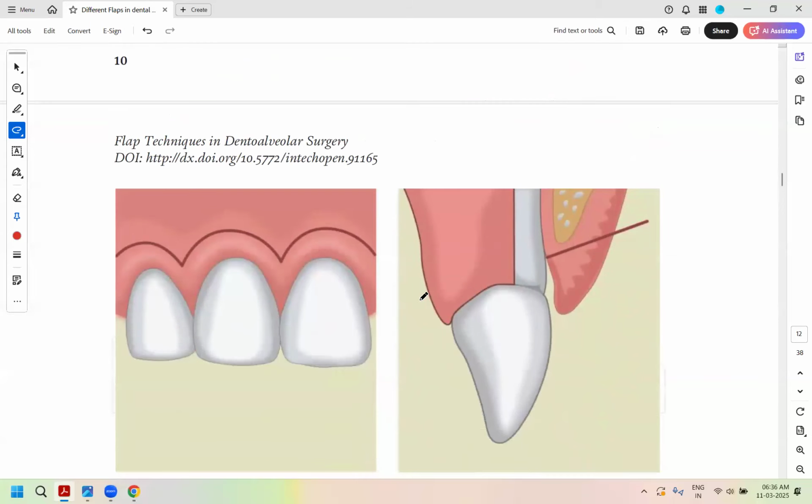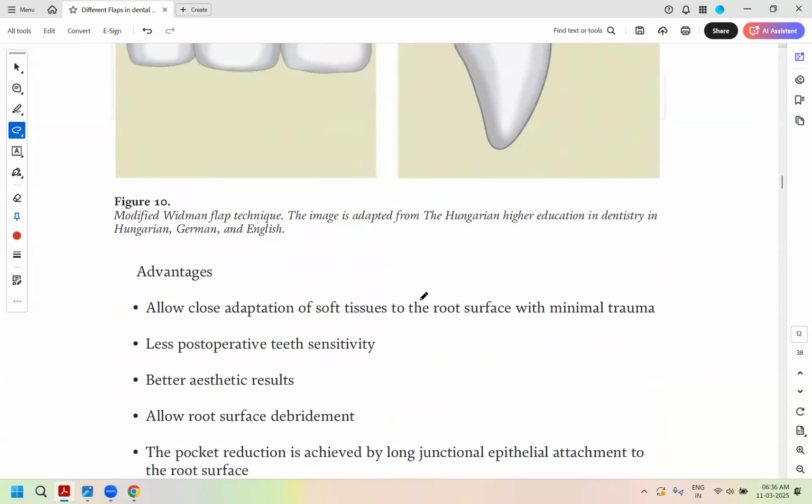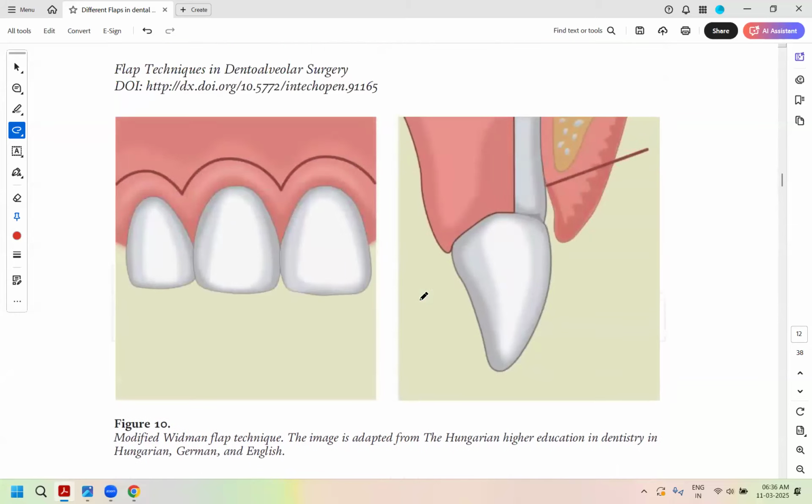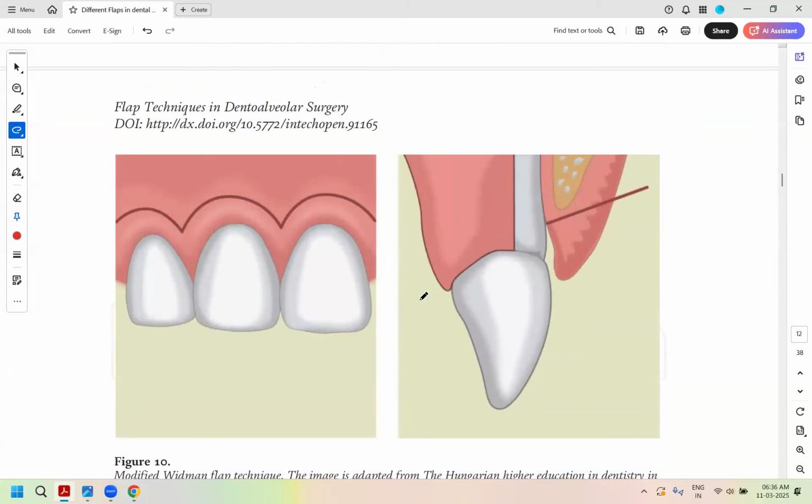Now, the full thickness versus the partial thickness flap are again based on what kind of procedure you're doing. Whenever you need to expose the underlying bone, you would go for your full thickness flaps, where you completely go into the incision where you're hitting the bone, right?